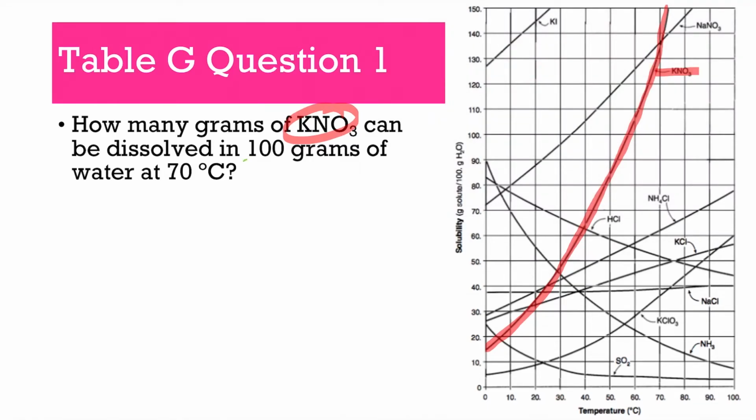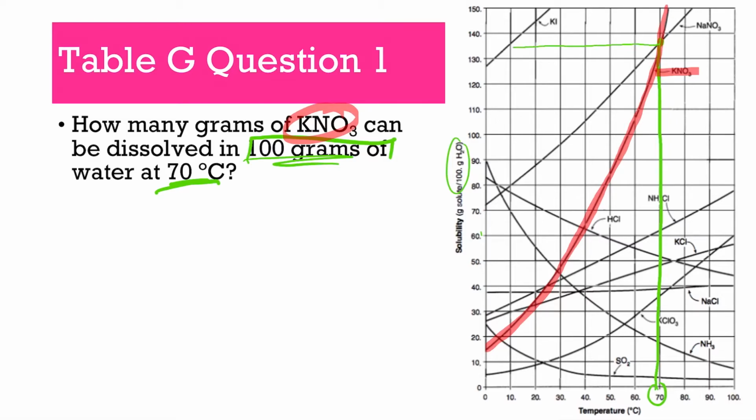Okay, so it's 100 grams of water. So it's how much can we dissolve, what number on this axis, in 100 grams of water. In 100 grams of water, that's exactly as table G has it at 70 degrees. So basically it's asking you to go up at 70 degrees. When do you hit the line? Hit it right about there.